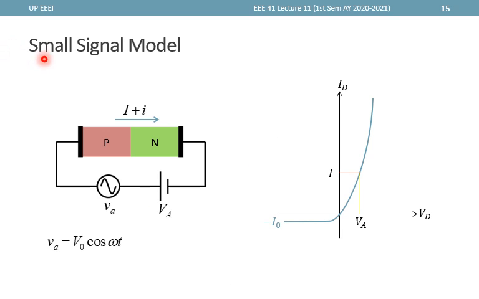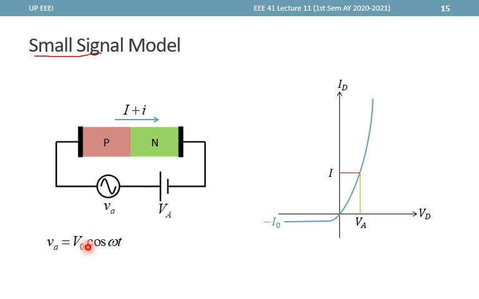For the next part, we'll start the modeling of the diode under small signal. So consider this diode. Here we apply some DC voltage and therefore get some DC current. However, when we add some small AC voltage that is a function of time, then we'll get this small additional current right here.